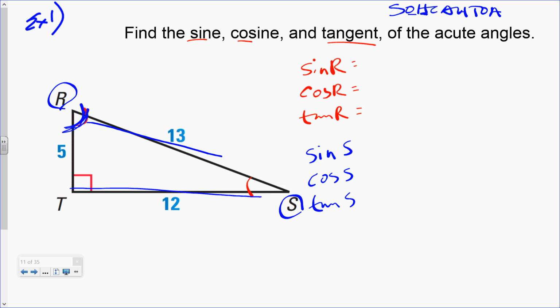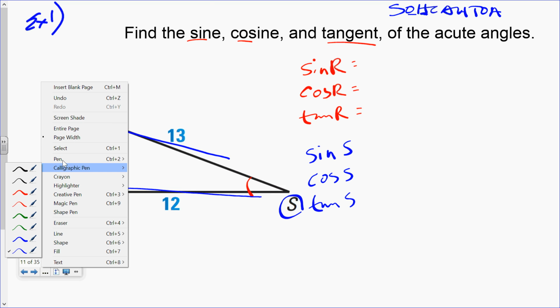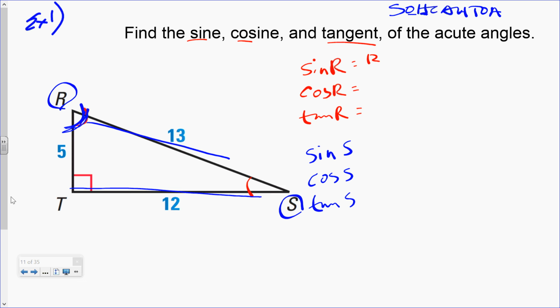Hypotenuse is 13. So 12 over 13. Someone with a calculator, 12 divided by 13, to the nearest 4th decimal, if you would. You guys got the calculator open. Help me out. 12 divided by 13.